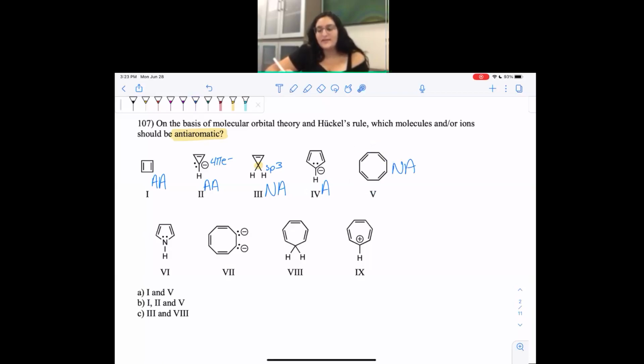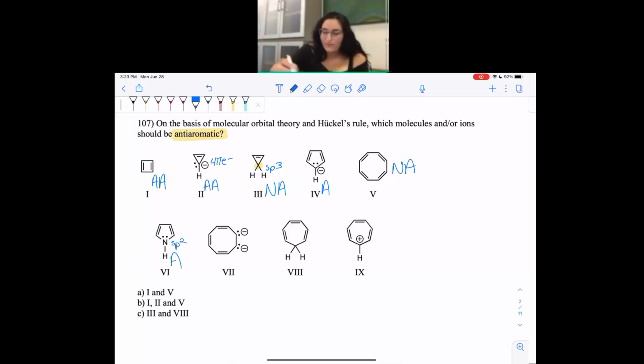If it has 1, 2, 3, 4, 5, 6, 7, 8, it's either anti or non-aromatic, and we go with non-aromatic. What about this guy? I agree, it's going to be aromatic. And what is the hybridization of that nitrogen? sp2.